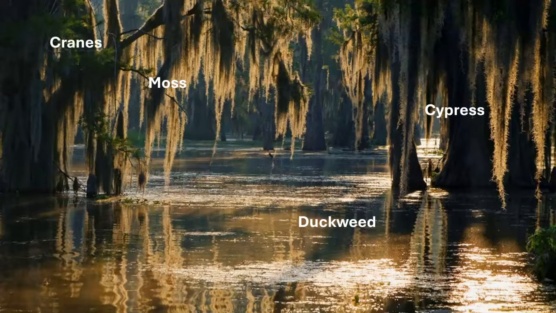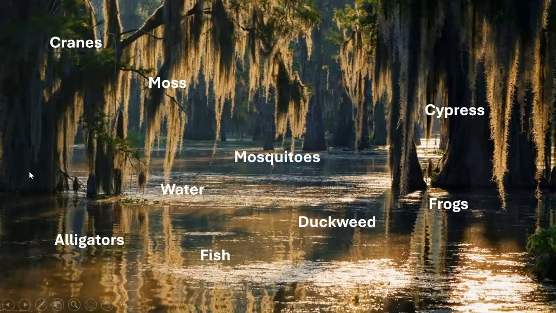And then we have our consumers, which would be cranes and fish, alligators and frogs hiding under the water. And of course, we have our mosquitoes and water, as I said, and sunlight, all very important to support the ecosystem as a whole.